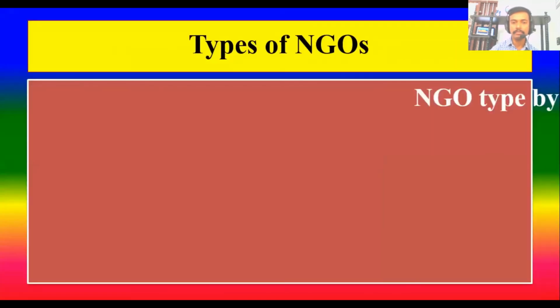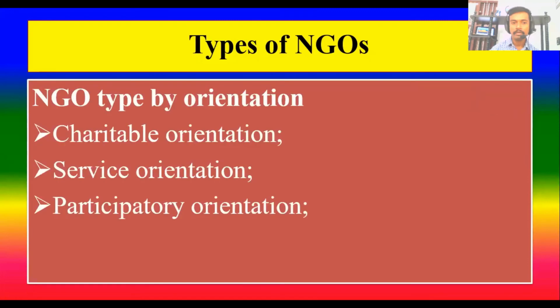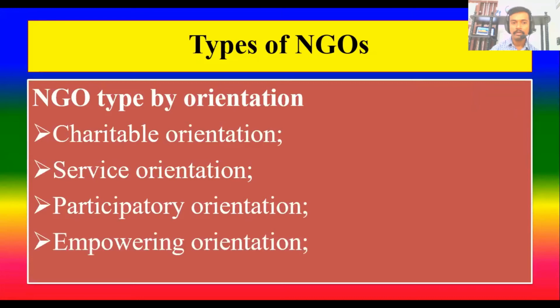Types of NGOs. Mainly by orientation: charitable orientation, which means they collect funds and provide welfare; service orientation, for example healthcare services; then participatory orientation; then empowering orientation.